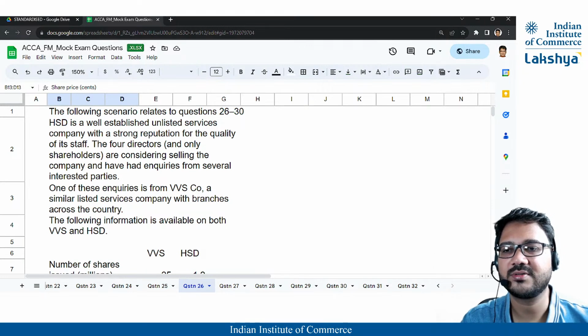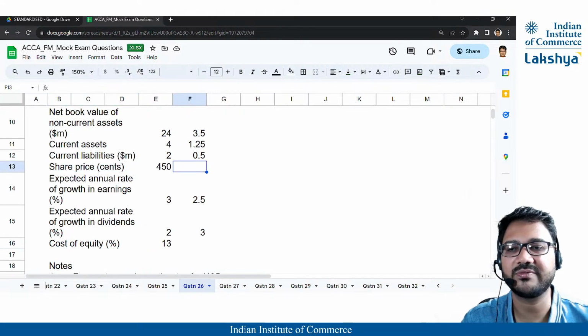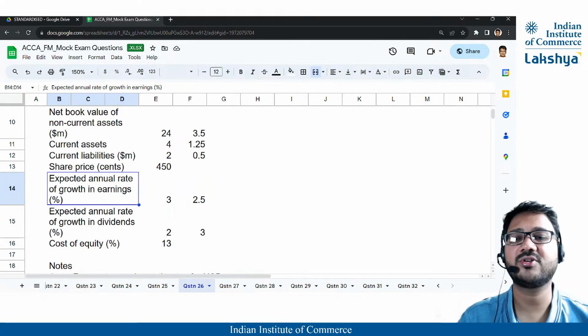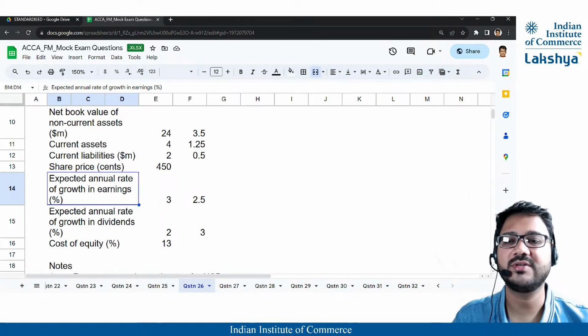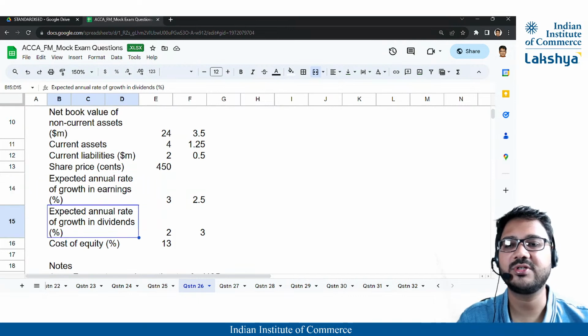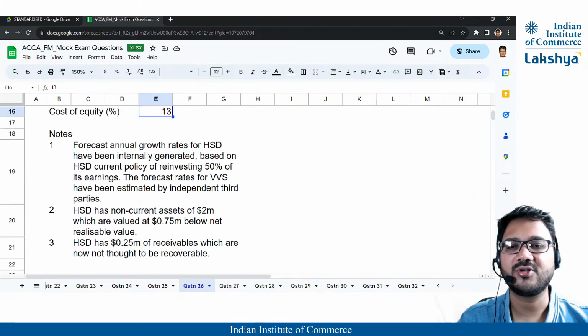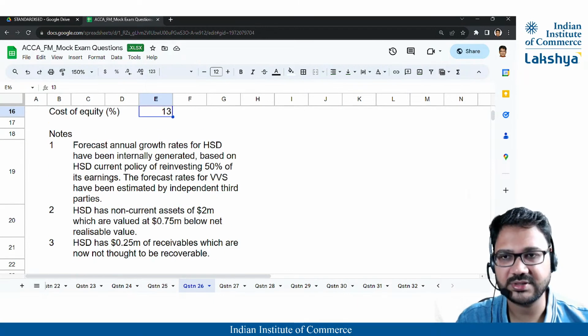Exchange rate, expected annual rate of growth in earnings and dividends, and cost of equity are given. So a lot of things are given.